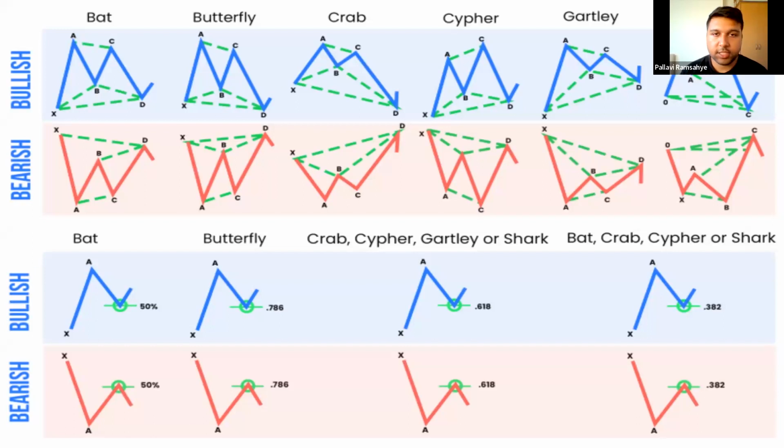So you've got the teacup, double bottom, triple bottom, etc. We'll be covering all of those in the future. And then we will also cover entry indications, because having an understanding of the pattern is all good and well, but we also need to have an understanding of where to enter, which would be the best entry point.